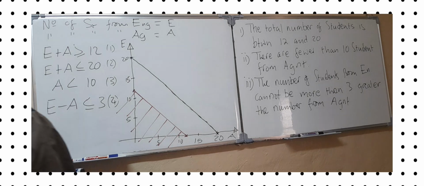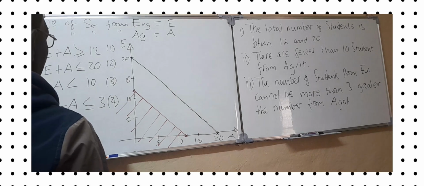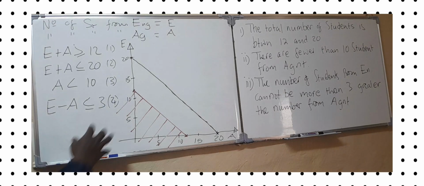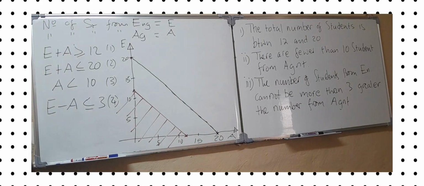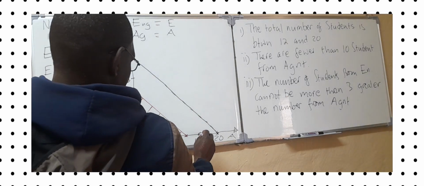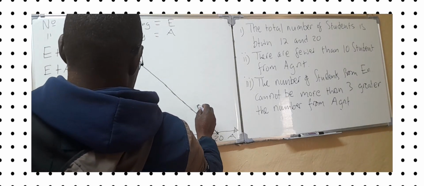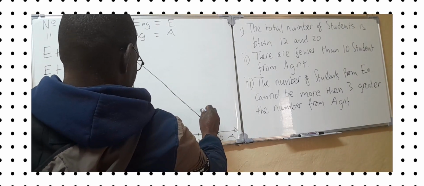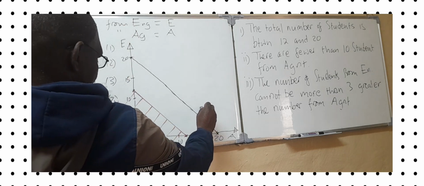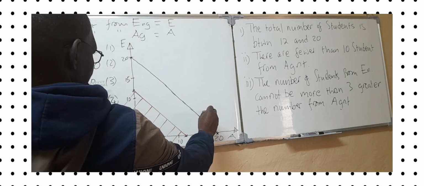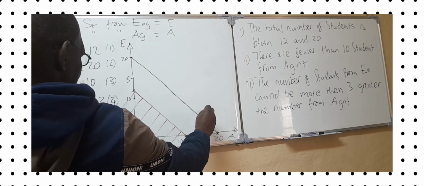Right. Again, which region do we want? Which region do we not want? Let's look at the region above this line. Take a point, let's say 15 and 5 is there somewhere. Now, 15 plus 5, A is 15, E is 5.